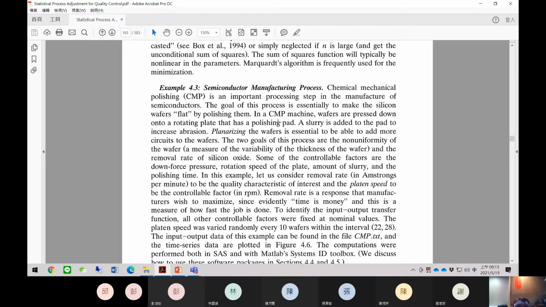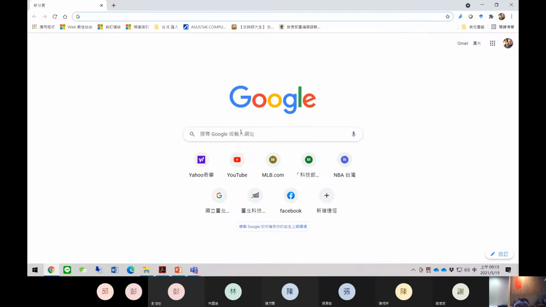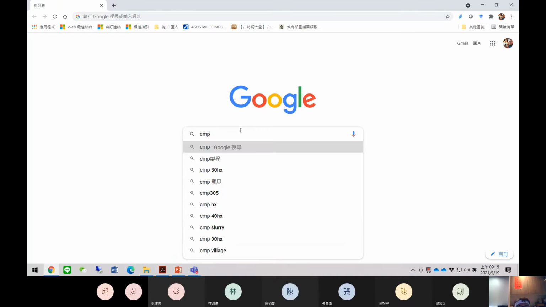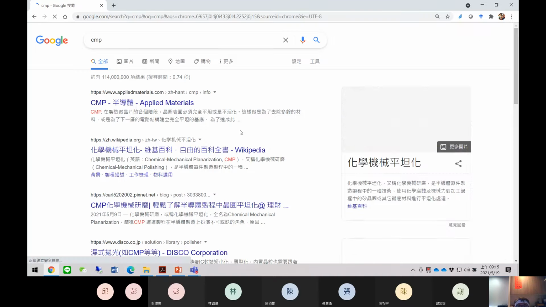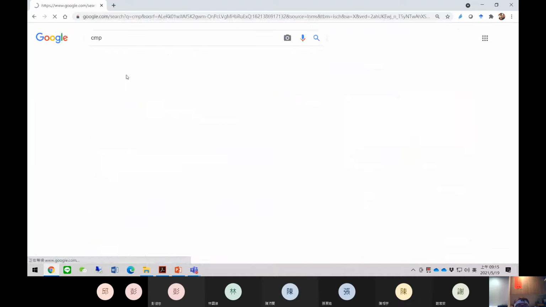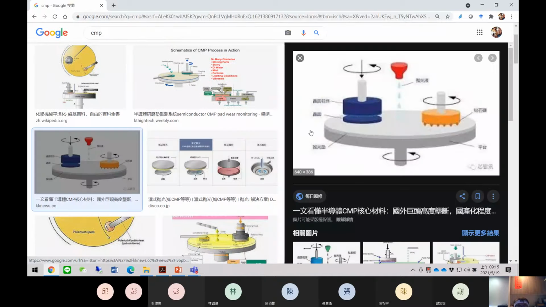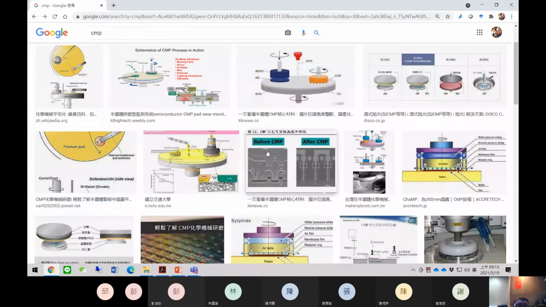Let me show you some pictures to give you some idea what CMP is. I'd like to have an English version.